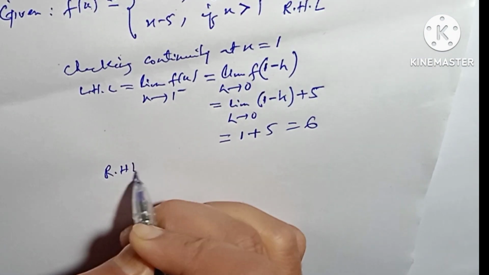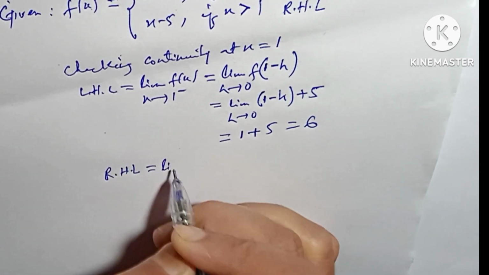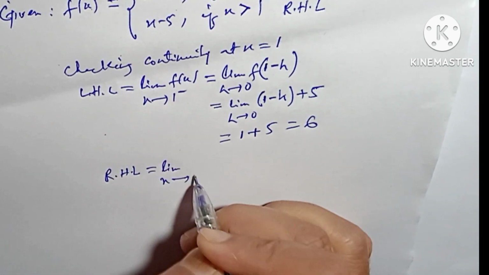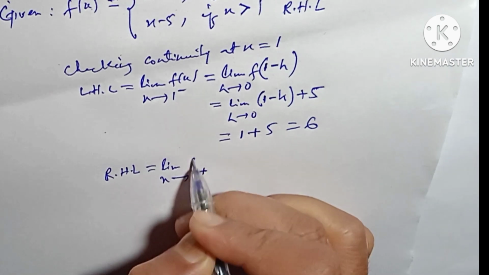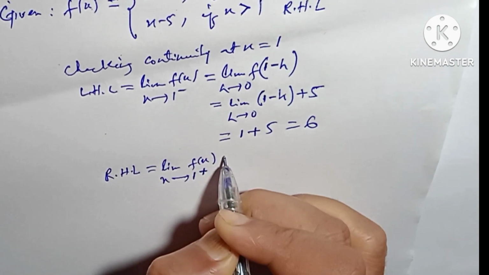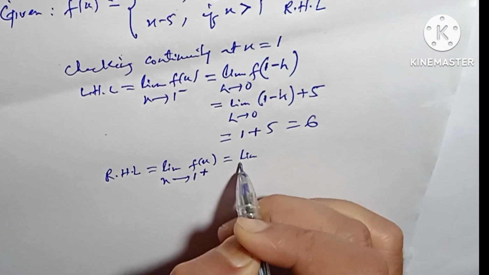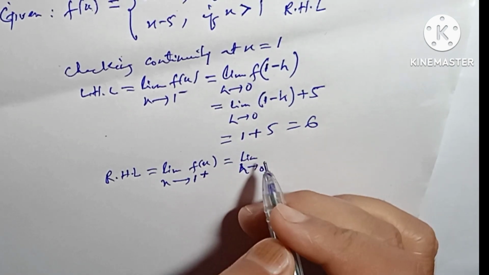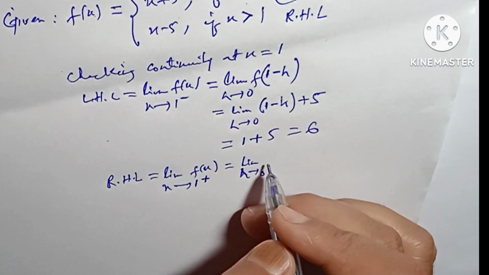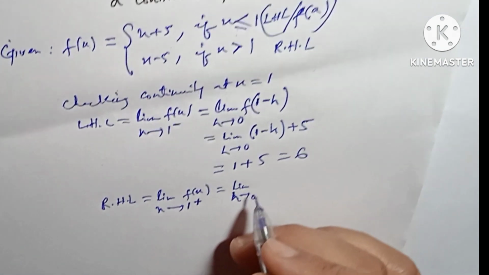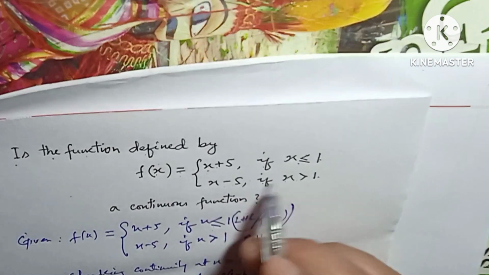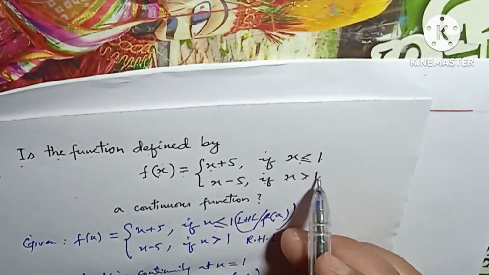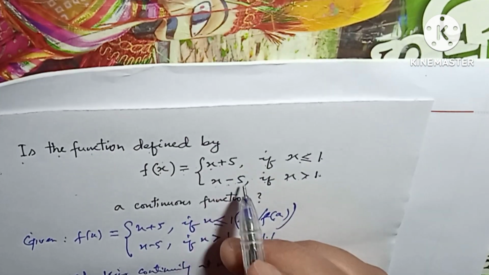Right hand limit is limit x approaches 1 from the right side of f of x, equal to limit h tends to 0 of f of 1 plus h. Since x is greater than 1, we take x minus 5.